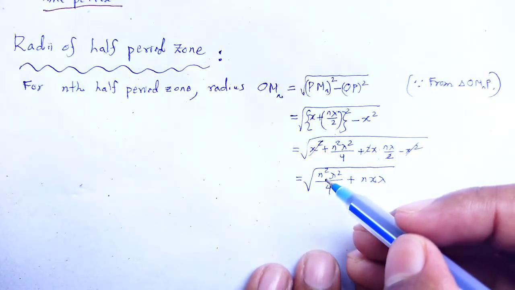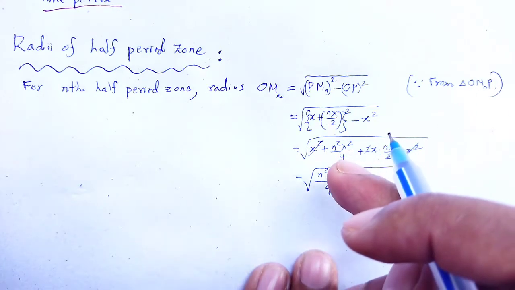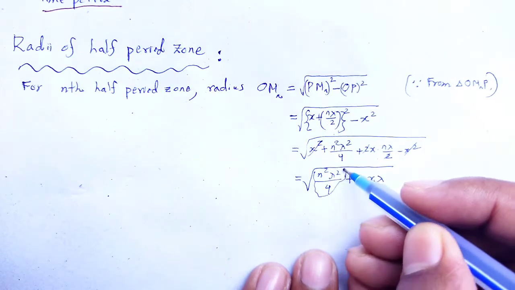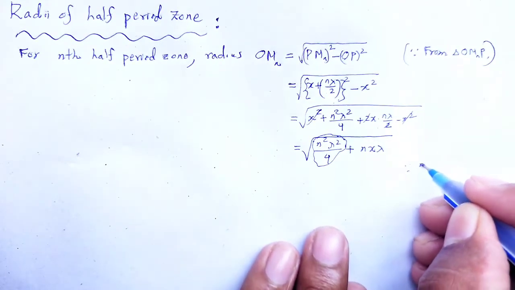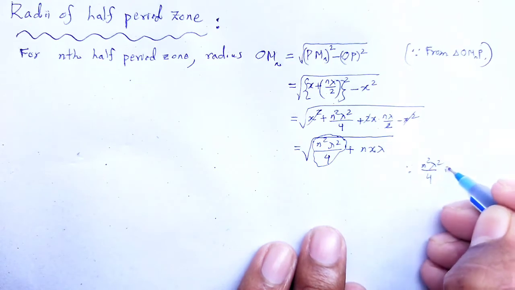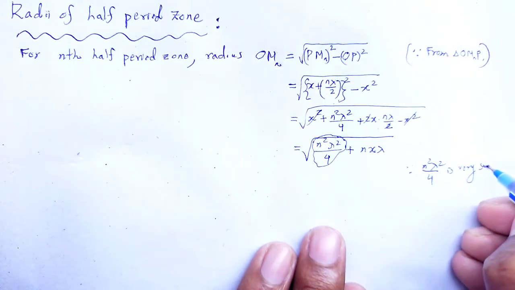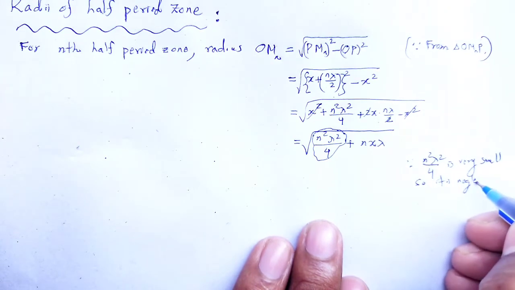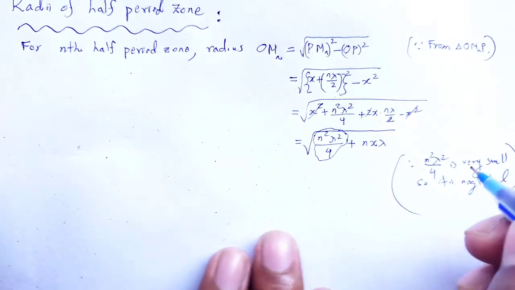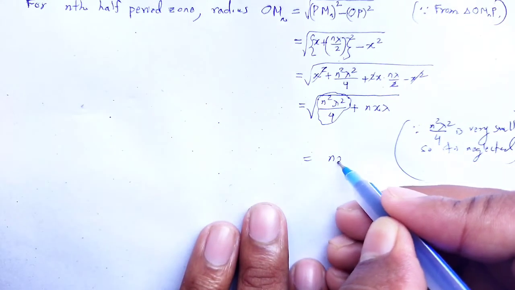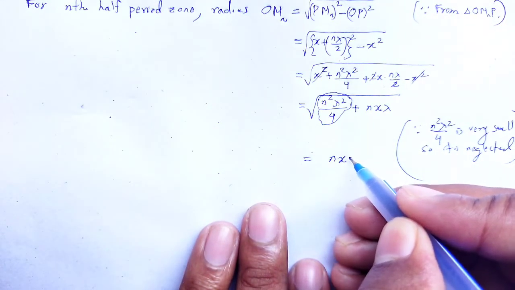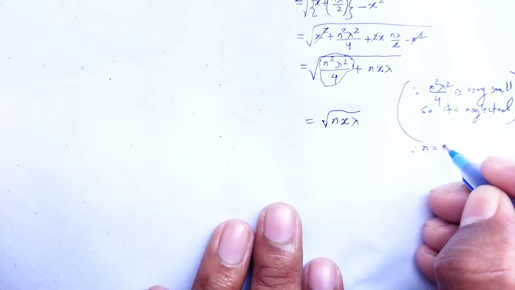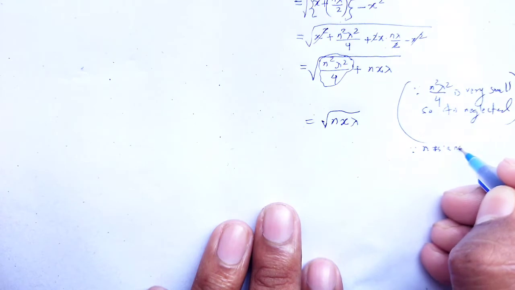Since n is a natural number, n square lambda square by 4 is very small, so it is neglected. Therefore, we have the square root of n x lambda, where n is a natural number.